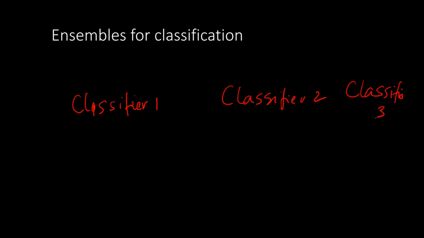Your decision, your class, is going to be y equal to mode over m, where m is the number of classifiers, m equal to 1, 2, 3, of ym, whatever result you get from the mth classifier for whatever input you give it. I can give the index i. So it's just the mode.